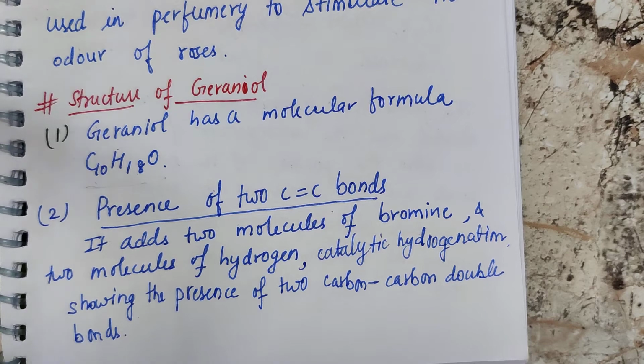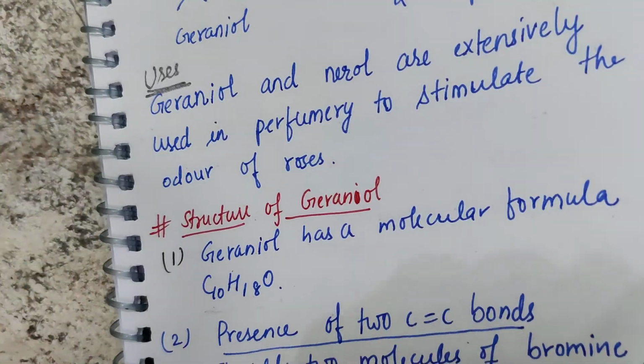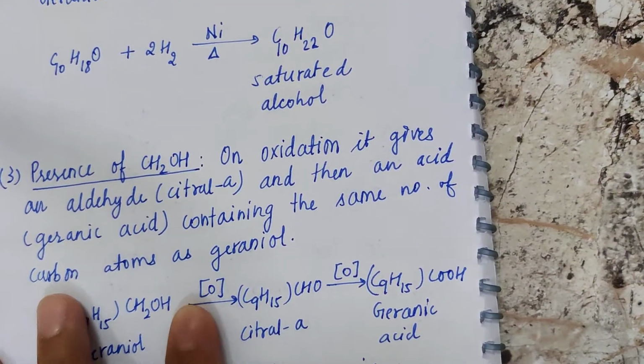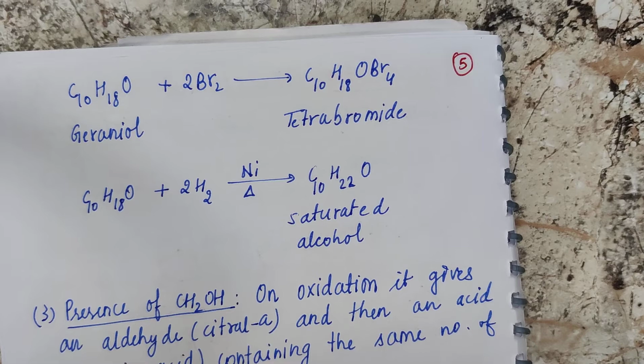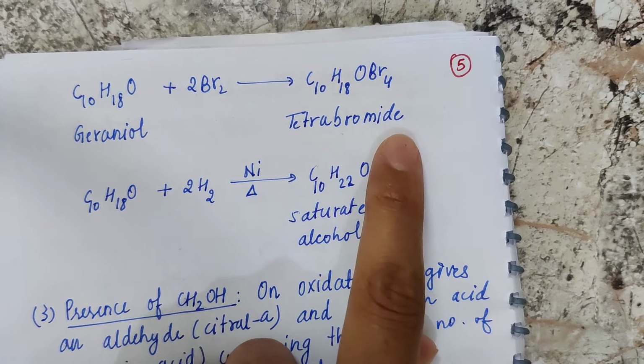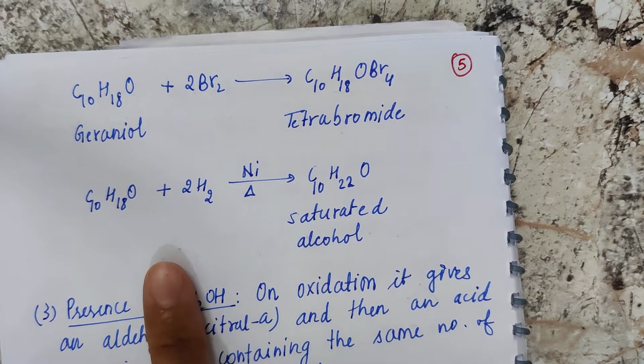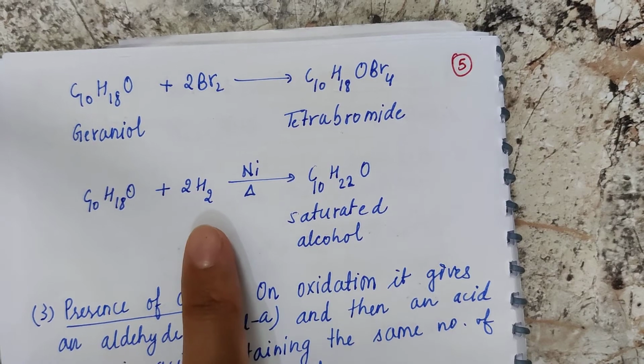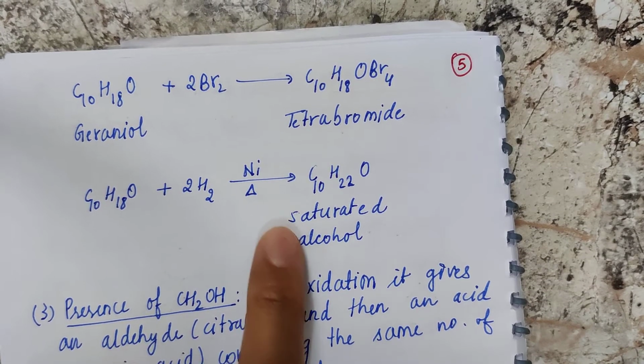If you react geraniol with bromine molecules, two bromine molecules are added. Similarly, if you react it with two molecules of hydrogen in the presence of a catalyst, both the hydrogen molecules are consumed. So if you look at the reaction, this is our reaction. Your geraniol is reacting with bromine to give us a tetrabromide as a product, and similarly a saturated alcohol is obtained on hydrogenation in the presence of nickel.